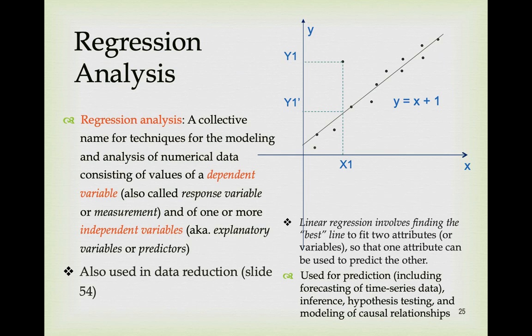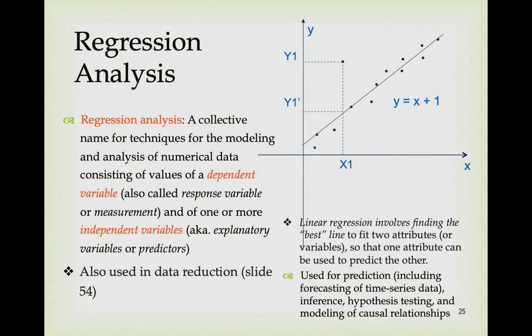Regression analysis. Regression analysis is a collective name for techniques for the modeling and analysis of numerical data consisting of values of a dependent variable, also called response variable or measurement, and one or more independent variables, also known as explanatory variables or predictors. Also used in data reduction in slide 54.